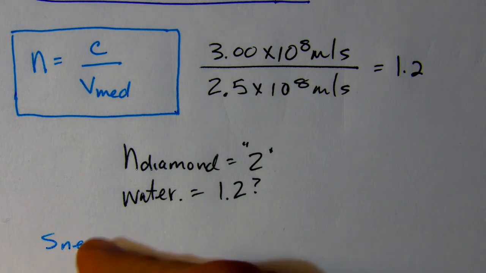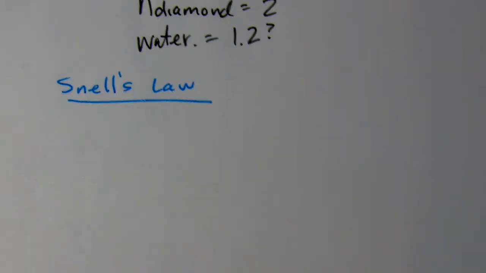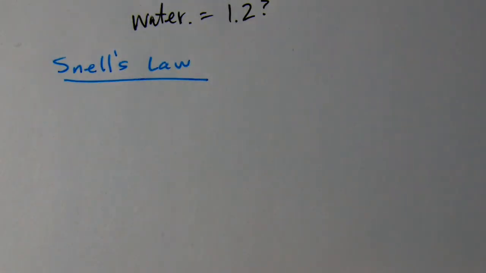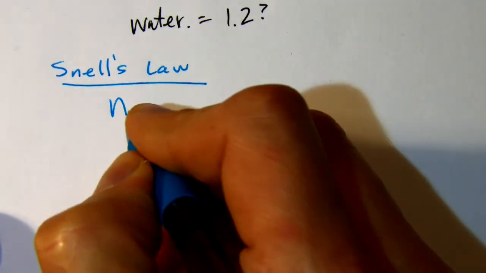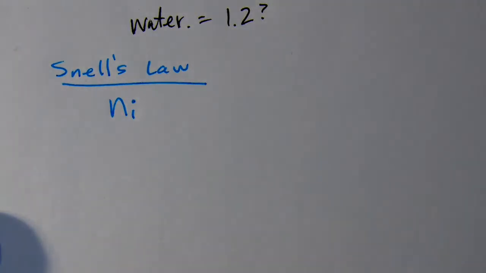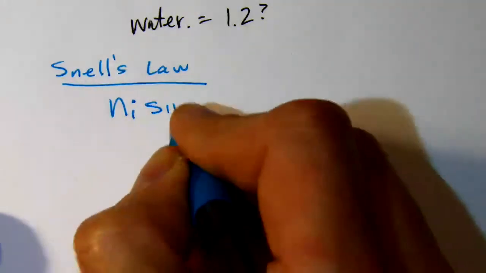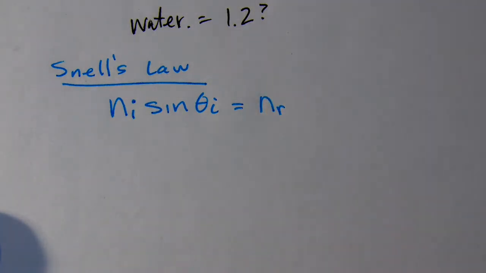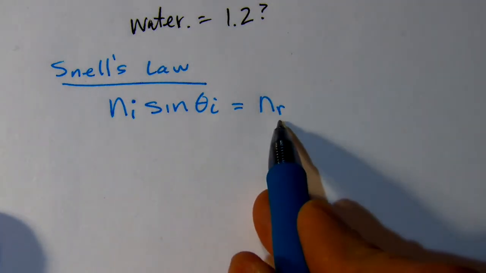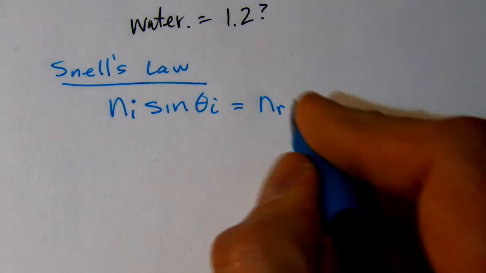Then there's something called Snell's law. And it's a more extended version of what we're doing here. And it says the index of refraction in the incident medium times sine theta I equals the index of refraction in the refracted substance times sine theta R, and we'll show you what that means after the light gets turned.